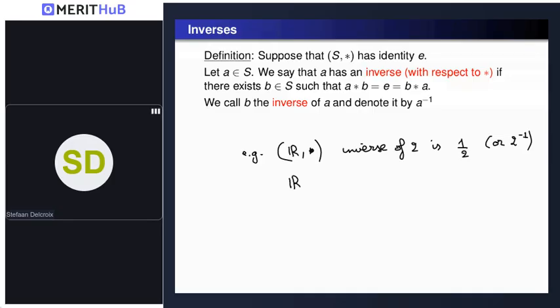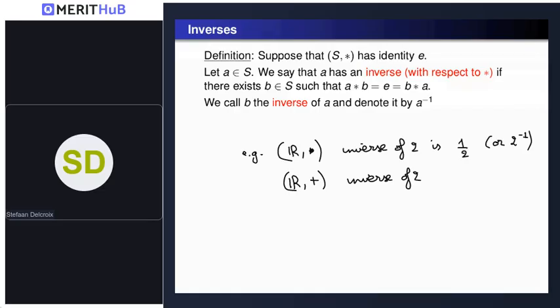But what if I'm looking under addition? What is the inverse of 2 this time? Well, for that, you need to first know what the identity was under addition. The identity is that element which, when you add it, doesn't do anything.